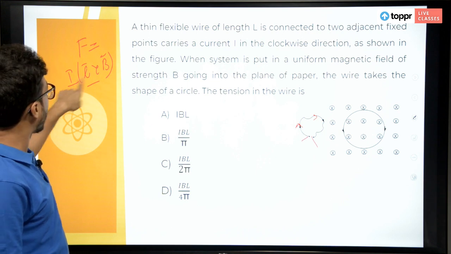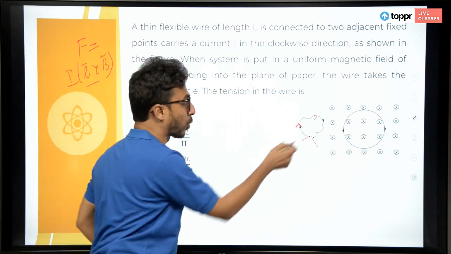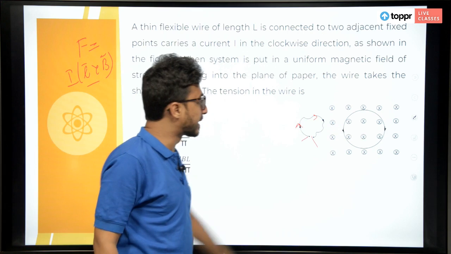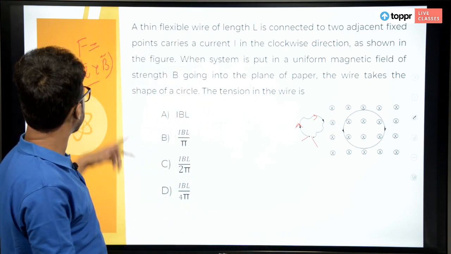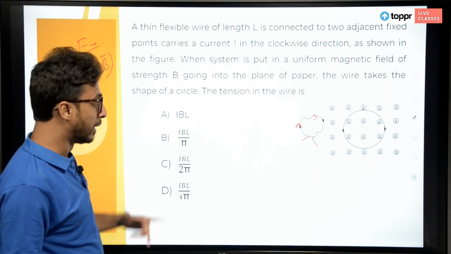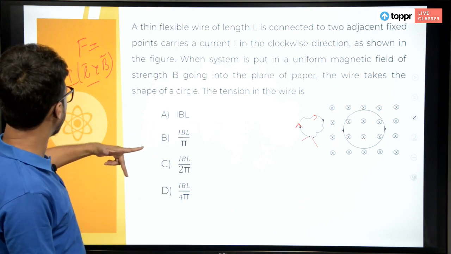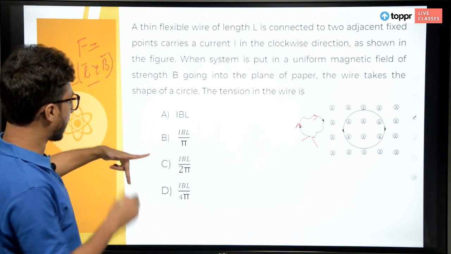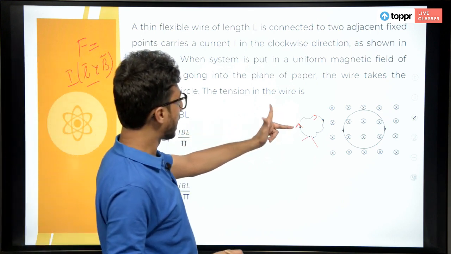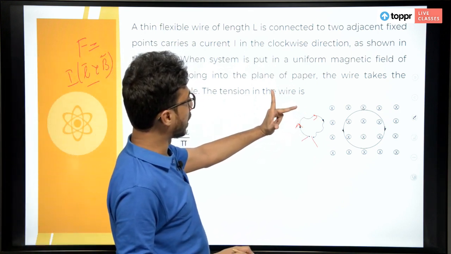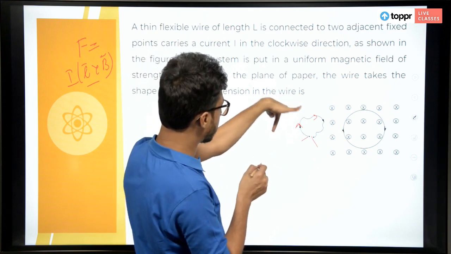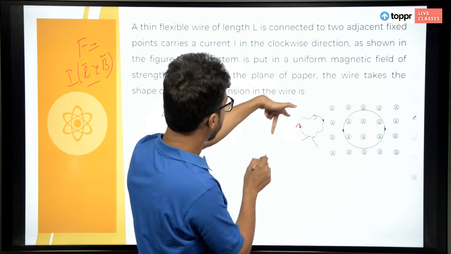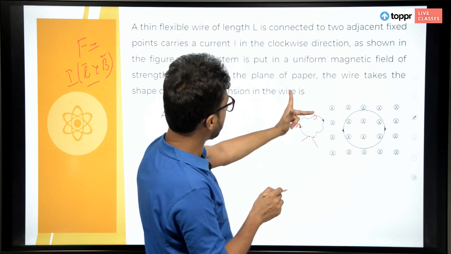Now what happens? It is going in the clockwise direction and the magnetic field is like this. The force will be, if you follow Fleming's left hand rule, then you can see this is magnetic field B, and the length is in this direction.